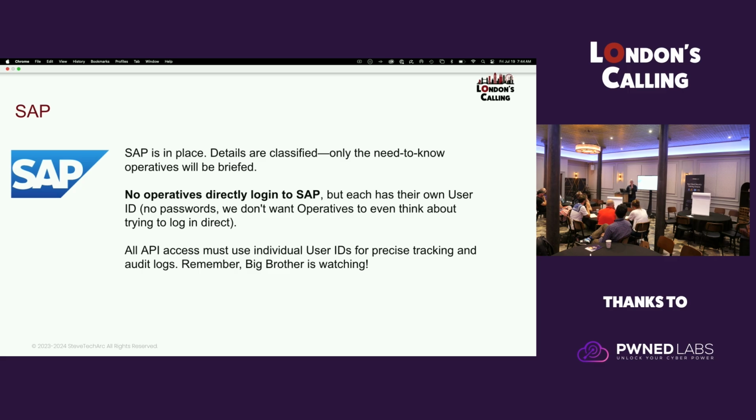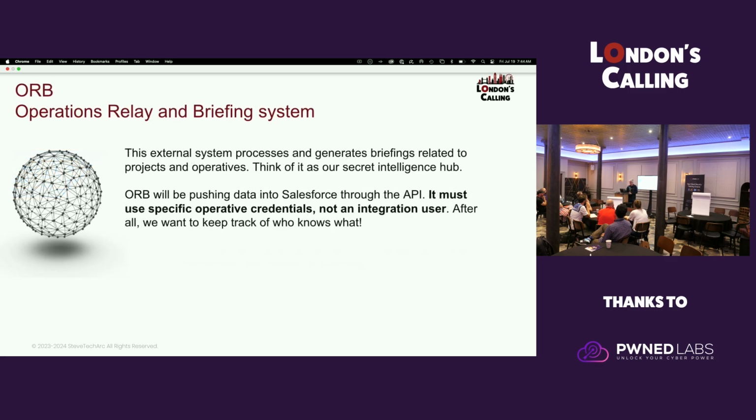All right. And we're going to break you into teams, and not all of you will solve this puzzle. We have the ORB, Operations Relay and Briefing System. This is a system that generates the briefings and will push into Salesforce as specific users. So it needs to call into Salesforce. Salesforce has to call out as Matt, and this system needs to call in as Matt, so it updates the records for Matt.